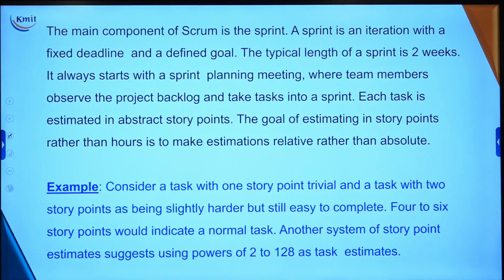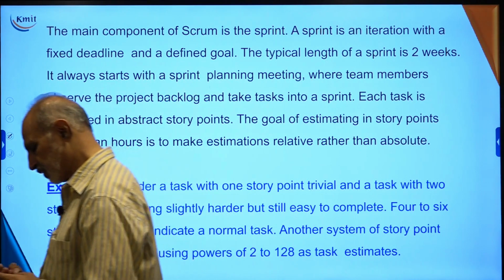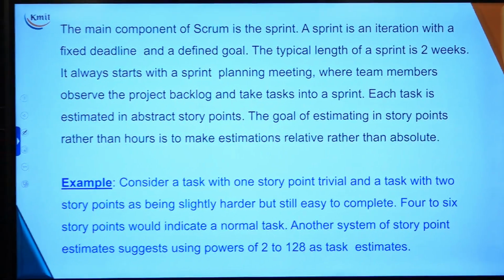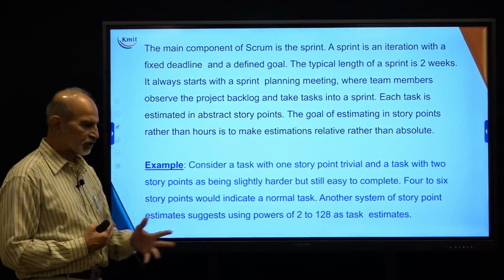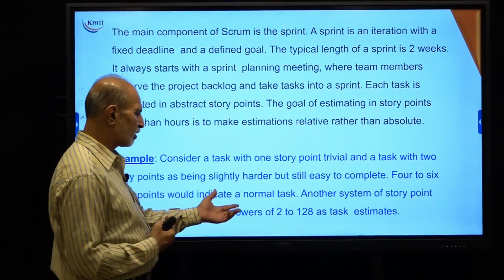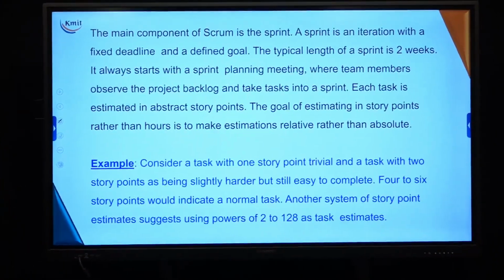So consider a task with 1 story point, trivial, and a task with 2 story points. What we do in our Scrum or sprint is we try to generate a kind of story. A story is nothing but a small narration of the task to be finished. Another system of story point estimate suggests using powers of 2 for task estimation. So we can do a task estimation of how long it is going to take.